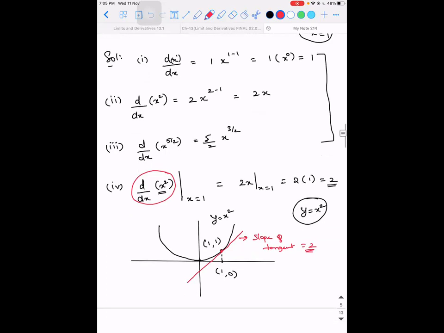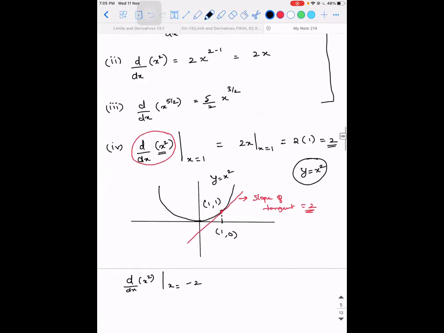Suppose I extend the question like this: find the derivative of x square at x is equal to 4. Or I will say x is equal to minus 1. Or let's say minus 2. You guys tell me what will the answer be. First differentiate it. 2x, at x is equal to minus 2. So minus 4.